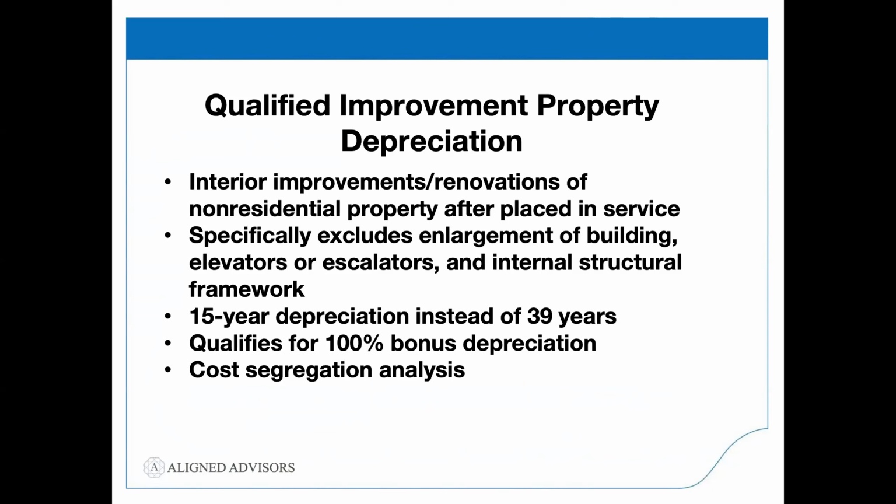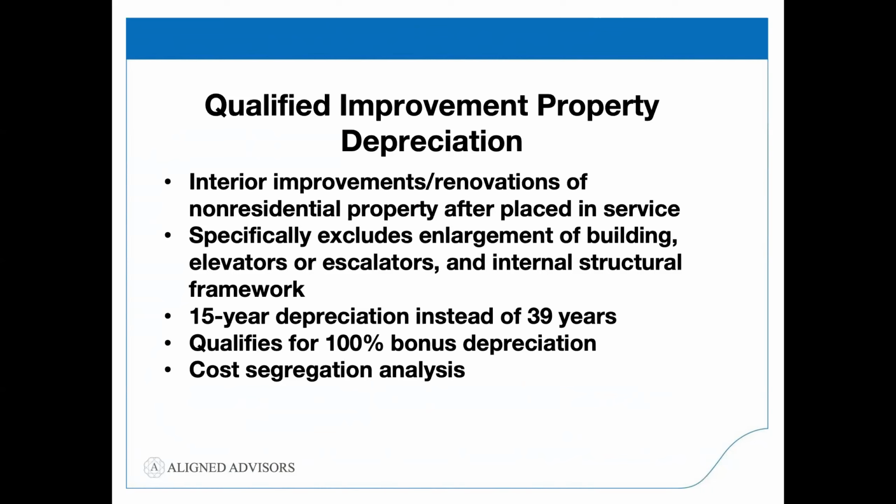So if anyone on this call has made qualified improvements to their office space in the last 3 years, then it may be a really good idea to do a cost segregation analysis, or if you've already done one, to go back and amend your 2018 return to reflect this particular type of property and get a bigger deduction, which again will get you a refund and free up cash flow for you.